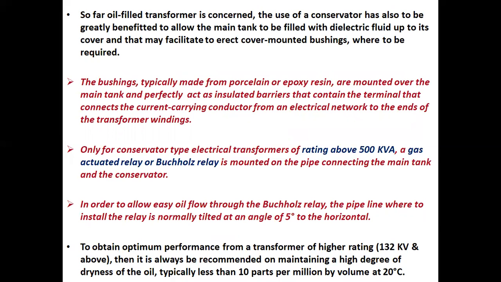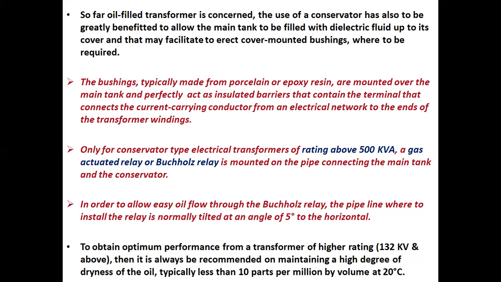The bushings, typically made from porcelain or epoxy resin, are mounted over the main tank and act as insulated barriers that contain the terminal that connects the current carrying conductor from an electrical network to the end of the transformer windings. Only for conservator type electrical transformers operating above 500 kVA, a gas actuated relay or Buchholz relay is mounted on the pipe connecting the main tank and the conservator.